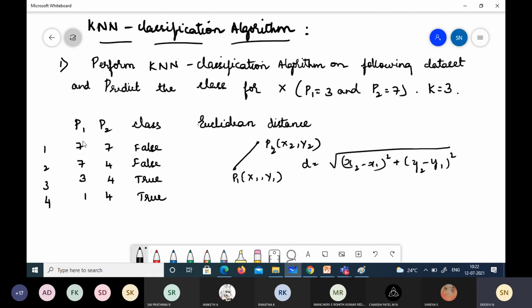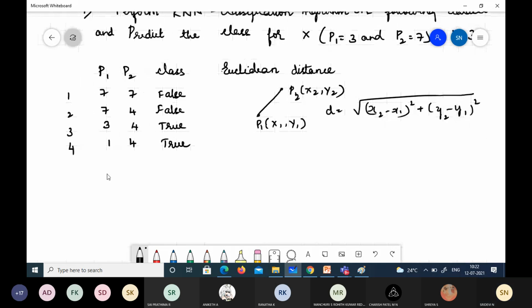So for each record in this data, let's find out the Euclidean distance and note it down. We'll find out the distance and we'll write the rank of each also, so that it will be easy for us to classify.